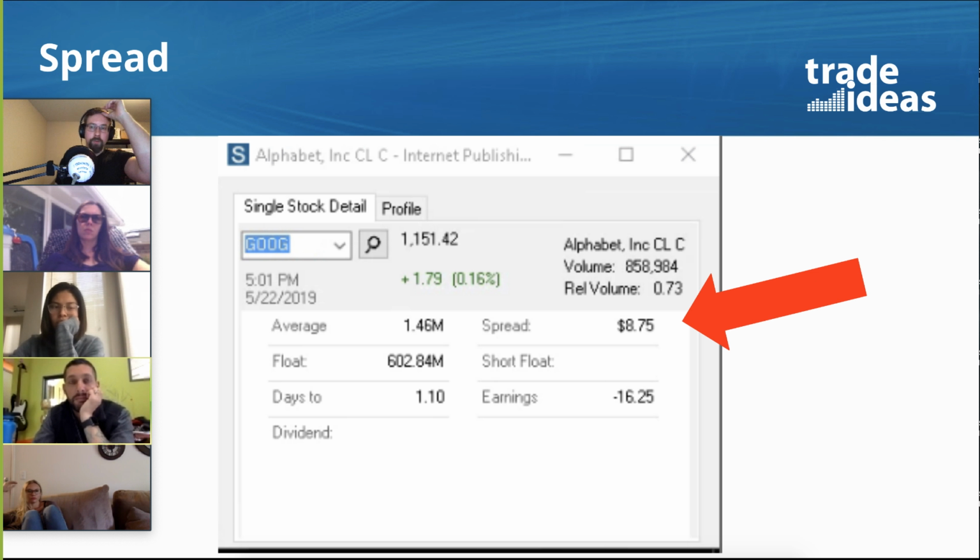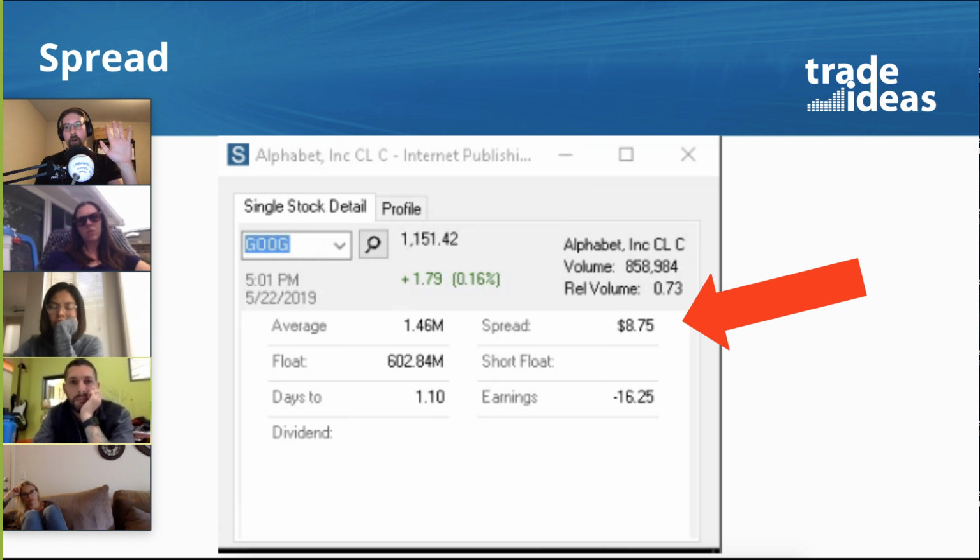And if you remember spread from way, way back when we started talking about order entry, I showed you that level 2 that had the bids on one side and the offers on the other. And I said the only way a trade takes place is someone crosses one side or the other. So the spread is essentially the ask minus the bid, right?